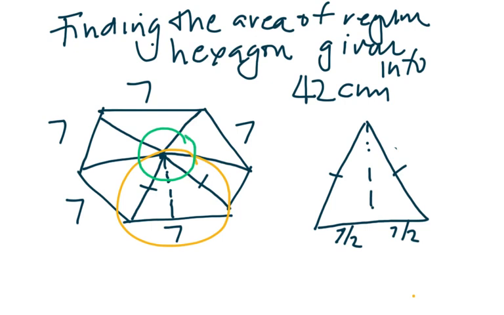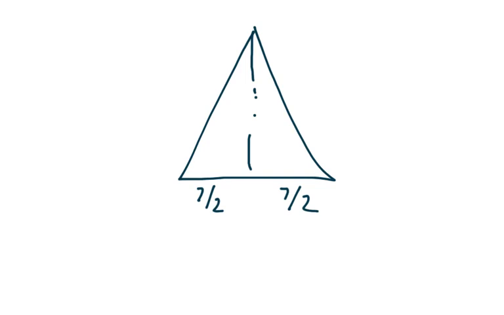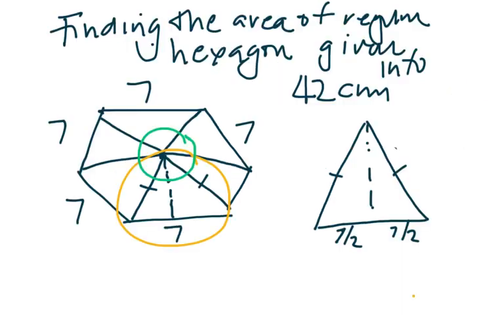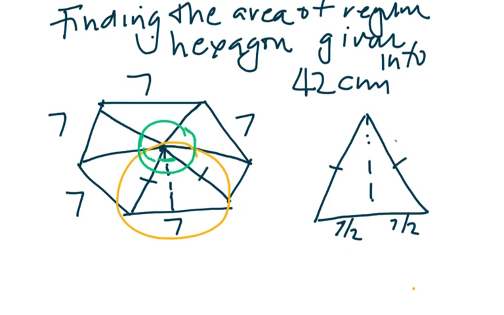This circle splits into 360 degrees all the way around, and we have 6 pieces, so we divide 360 by 6, which gives us 60. So each of these angles for every one of these triangles is going to be 60.